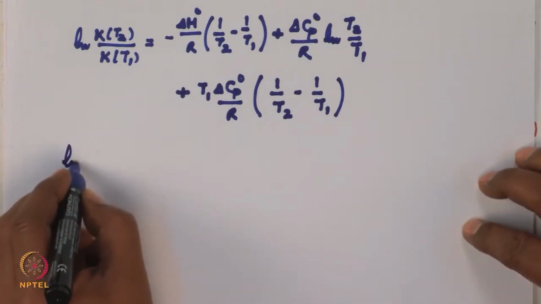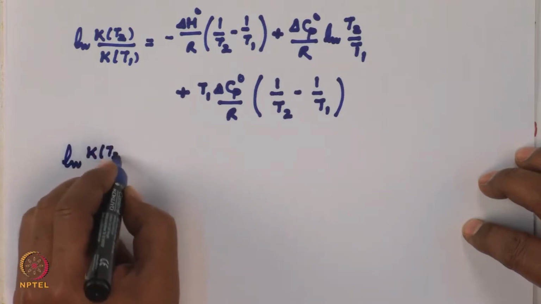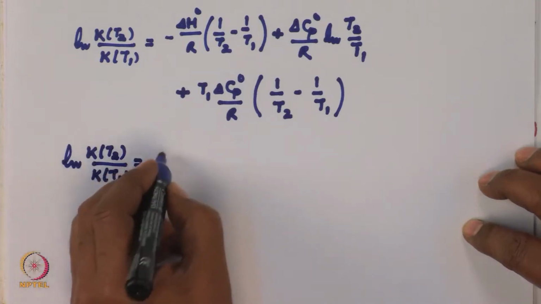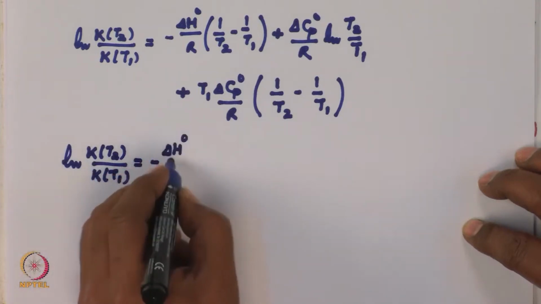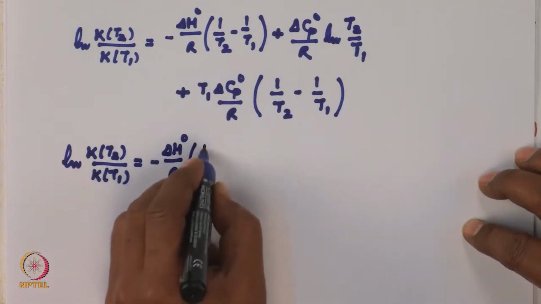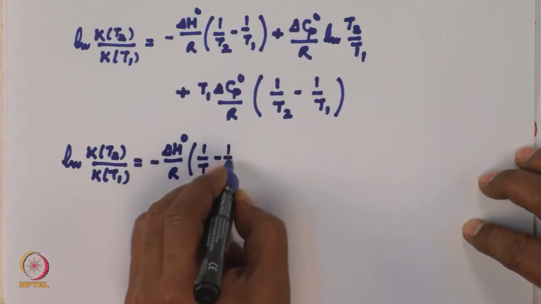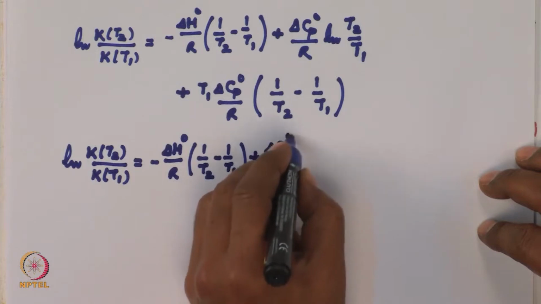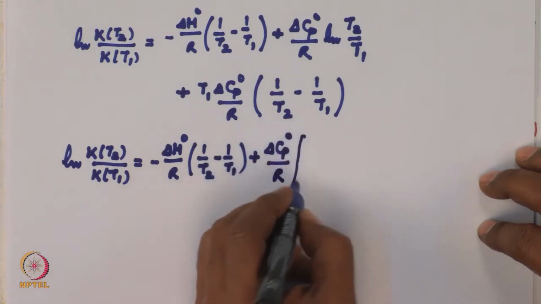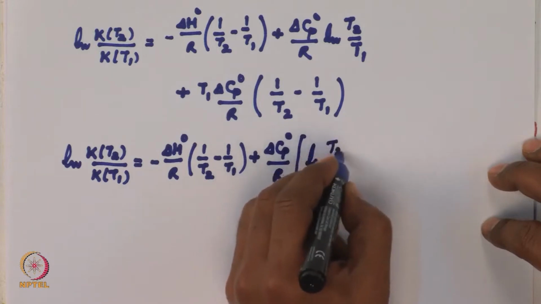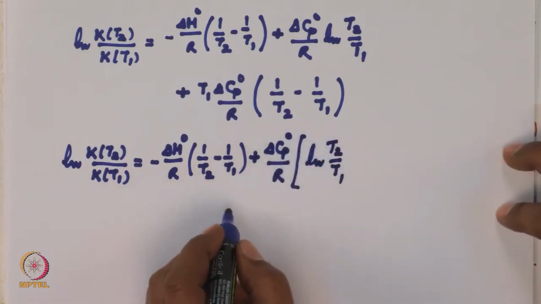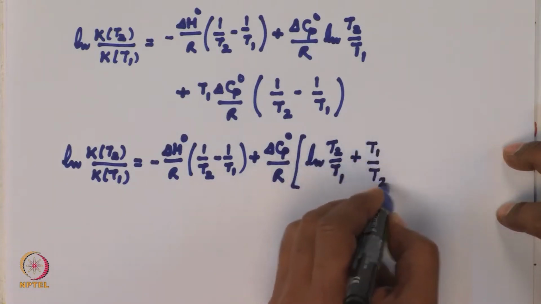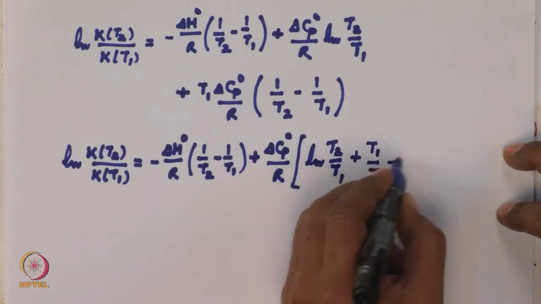So, what I have now is log K at T2 over K at T1 is equal to minus delta H naught by R into 1 over T2 minus 1 over T1, plus delta Cp naught by R times log T2 by T1 plus T1 by T2 minus 1.